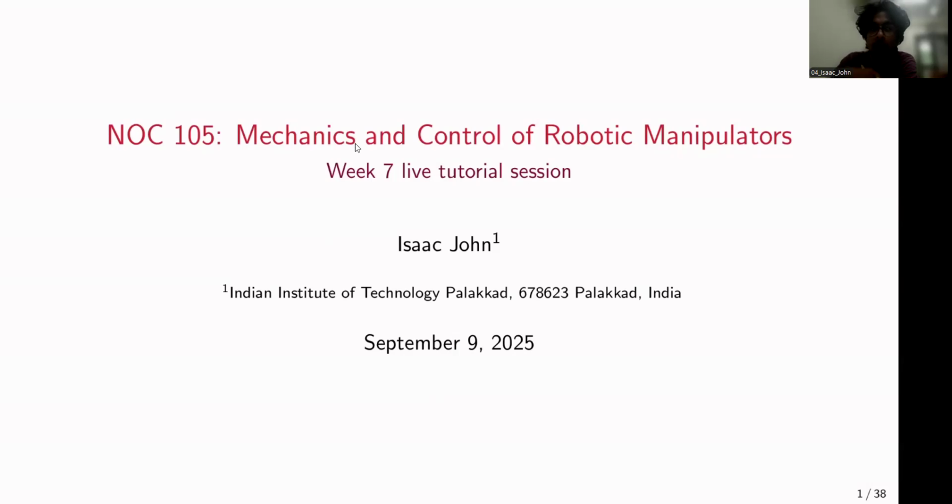And until now, we have been focusing on mechanics of robotic manipulators, which consist of kinematics. We have also seen how to model the dynamical equations of motion of a robotic manipulator.